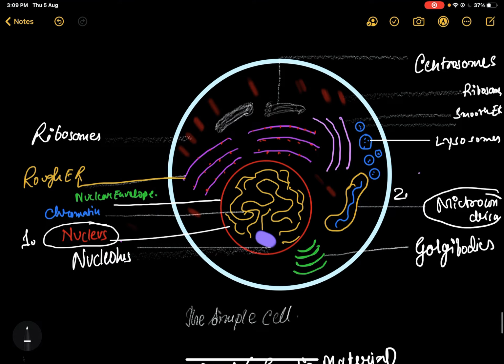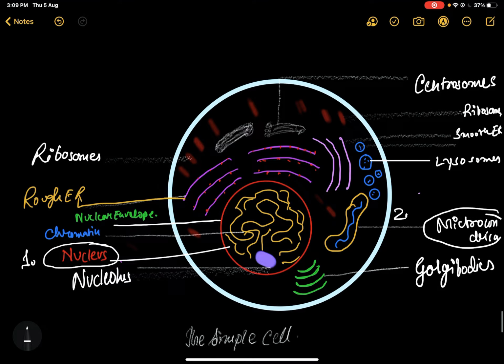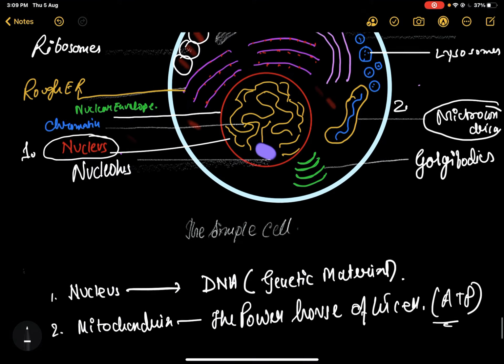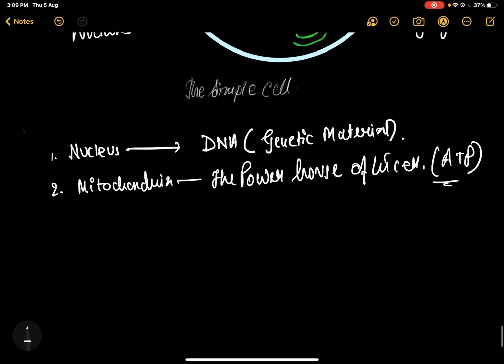The next thing we're going to discuss is the ribosomes, this red color ribosomes. This is the ribosome. Ribosomes are composed of RNA, that is ribonucleic acid, and proteins.